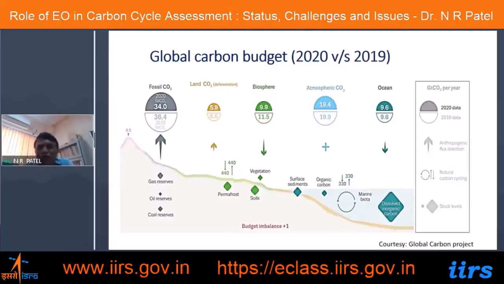So fossil fuel emission has reduced because of the lockdown effect, and this time we have a budget imbalance of only 1, meaning only 1 gigaton carbon is added to the atmosphere in 2020 because of this reduction in fossil fuel emission.